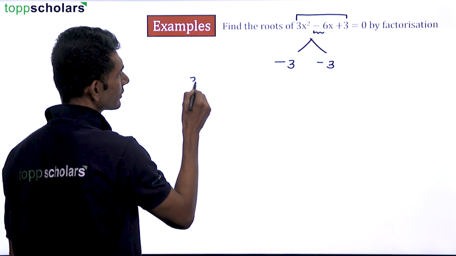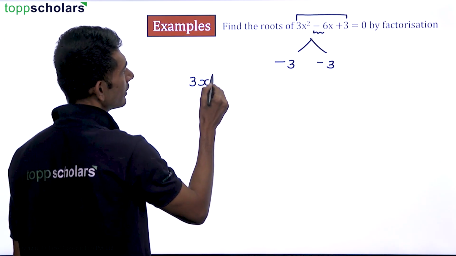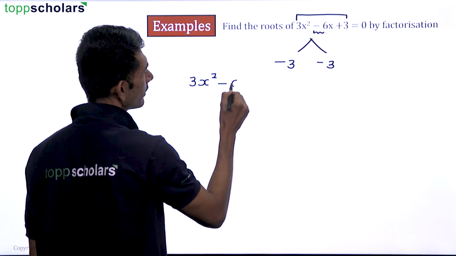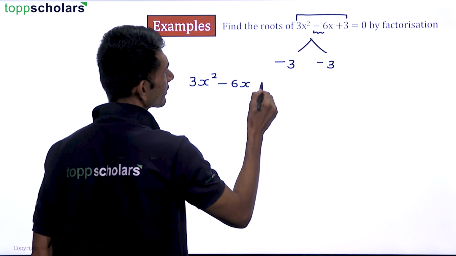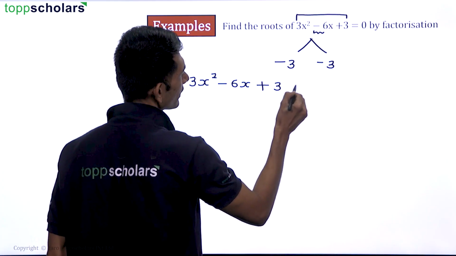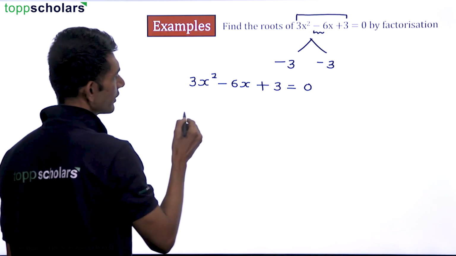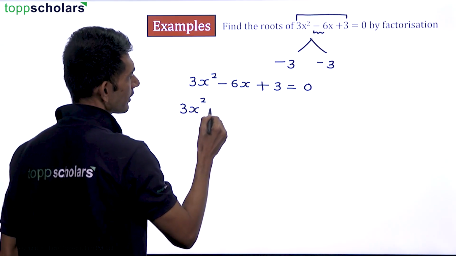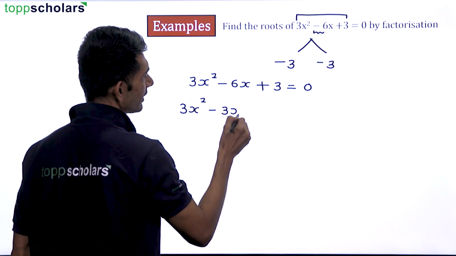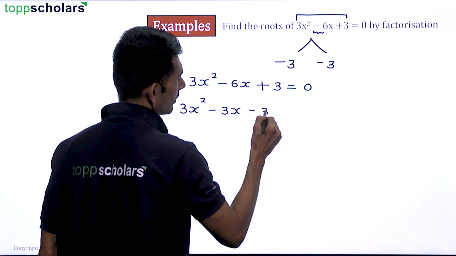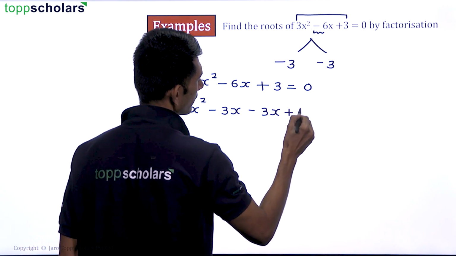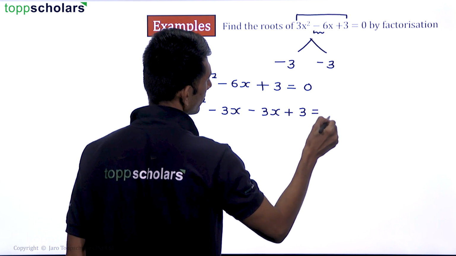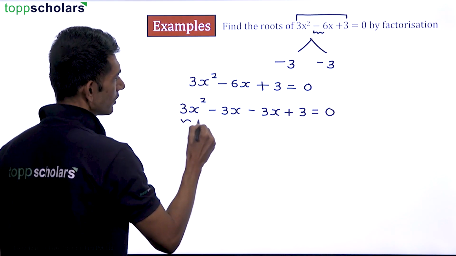So what you have is 3x square minus 6x plus 3 is equal to 0. This gives me 3x square minus 3x minus 3x plus 3 is equal to 0.